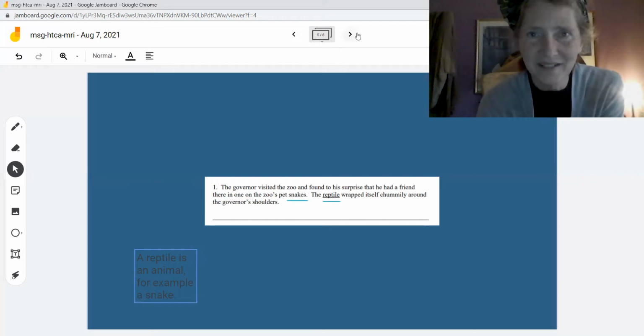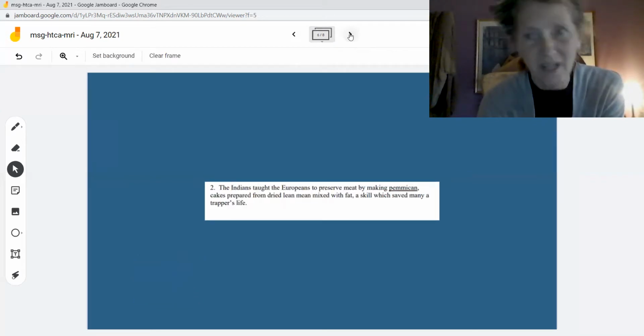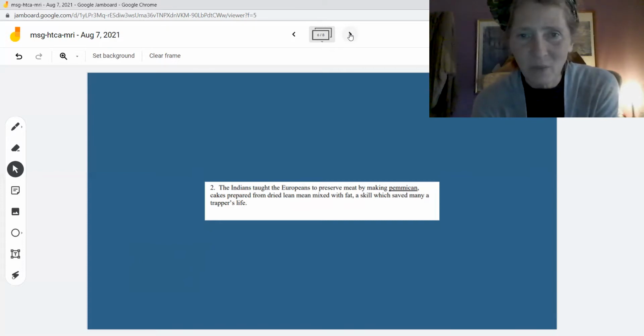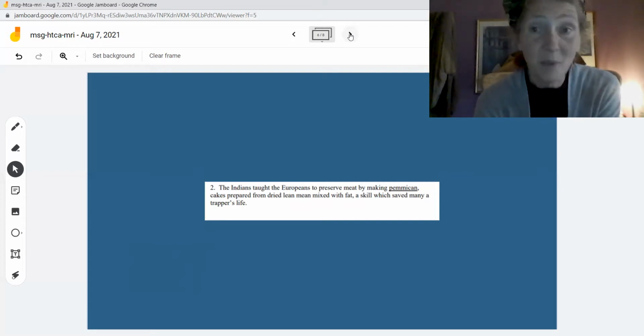Okay, so let's move to our next example, our next practice. Now, I'll admit, I had to look this word up myself. The Indians taught the Europeans to preserve meat by making pemmican, cakes prepared from dried lean meat mixed with fat, a skill which saved many a trapper's life. Okay, so this is an example of definition.